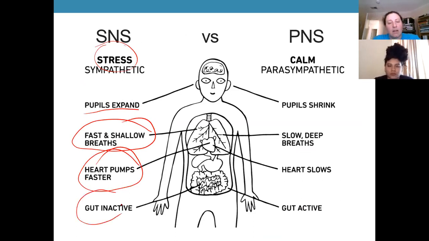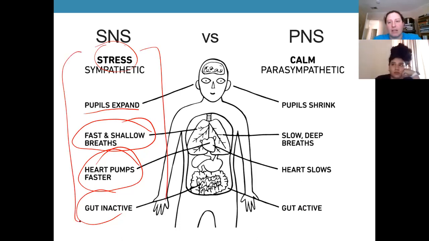Because all of those things are meant to prepare you for potentially running or fighting for your life. So you want to maximize oxygen intake, you want to maximize blood flow to your skeletal muscles because they're probably going to be doing a lot. And you don't want to divert blood to things like digestion, which are not necessary in a moment-to-moment situation. So that's a very abbreviated version of what this does.